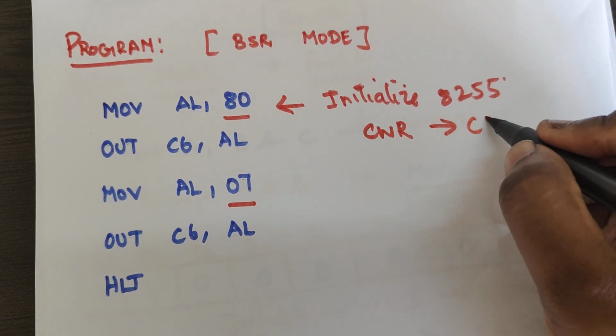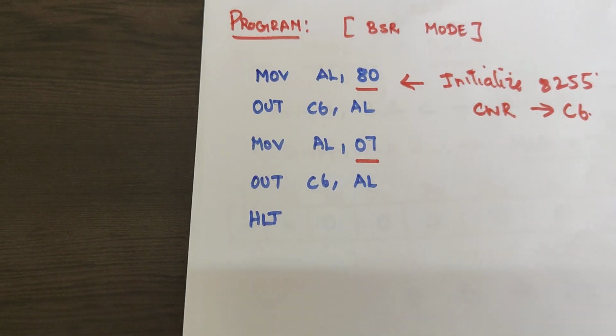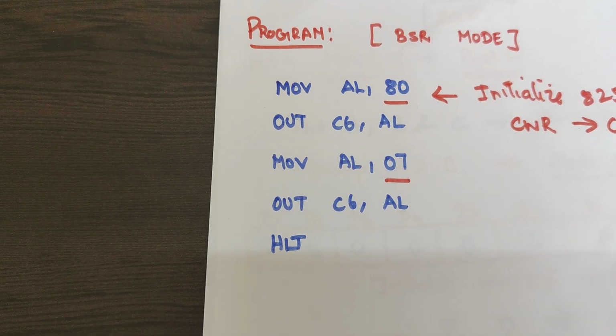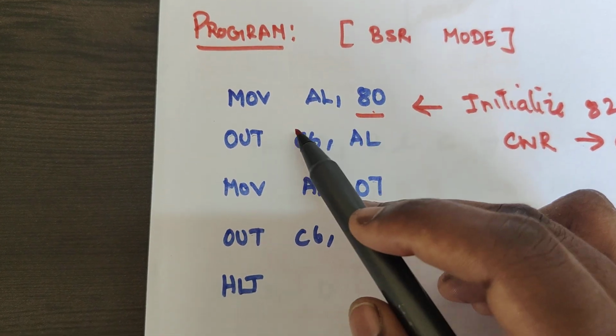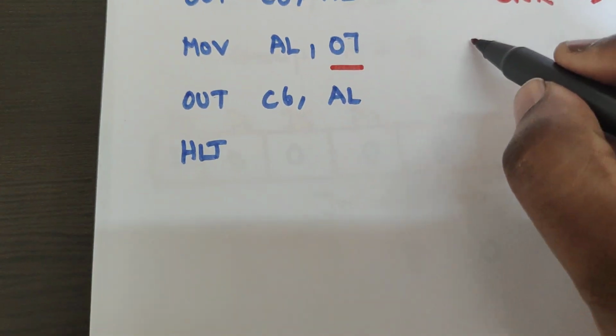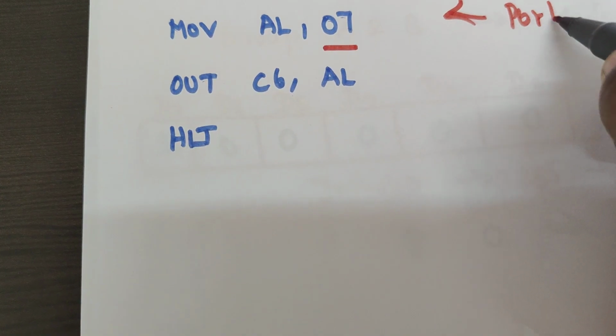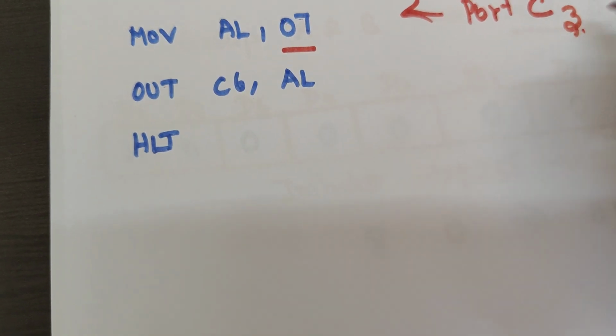The address of the control word register is C6. We found this C6 from the user manual of the 8255. So that value 80 will be moved to the control word register. Next, I need to set my port C. Which bit am I going to set? Bit 3.